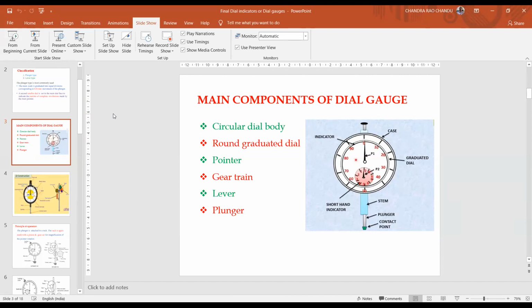Can you see the screen? Yes, sir. Okay, thank you. Starting the session now. I'm unmuting you all. Muting you all. Okay.